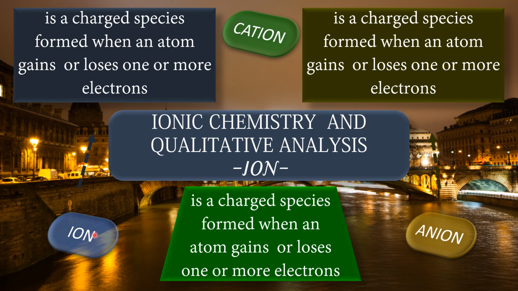We have said that ions are charged species that are formed when an atom loses or gains one or more electrons.